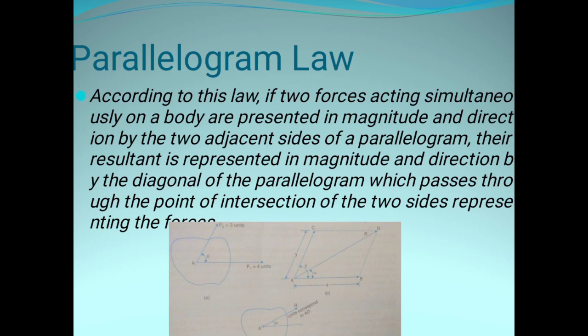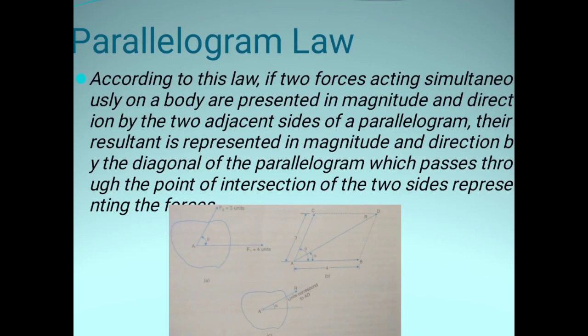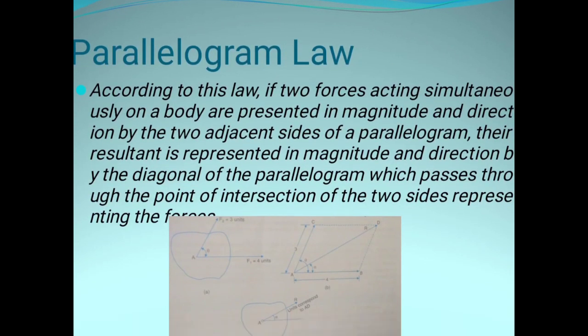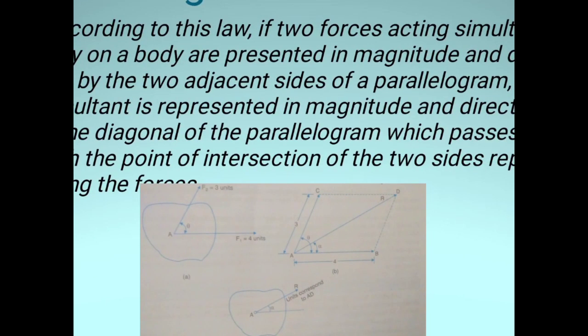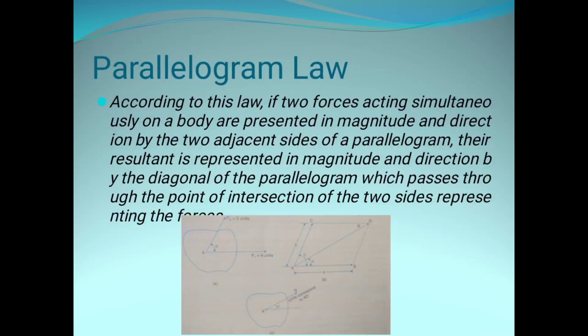That diagonal is the resultant force, which passes through the point of intersection of the two sides representing the forces, and the direction is mentioned as alpha. So this one is called the parallelogram law of forces.